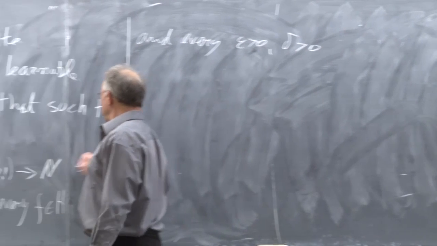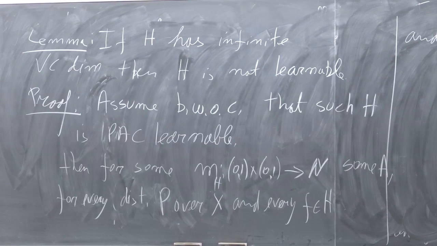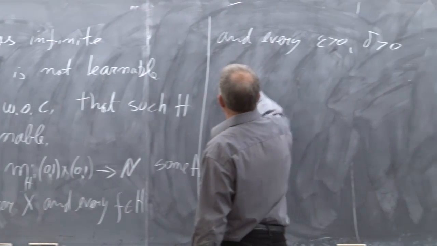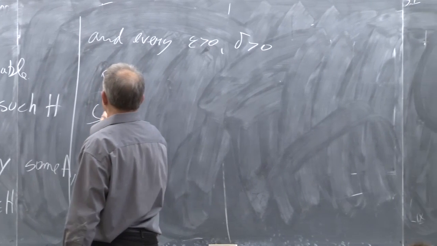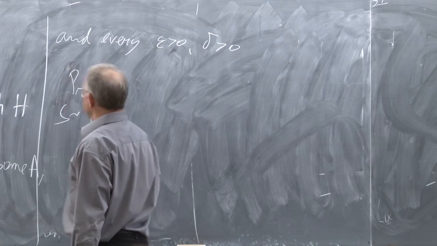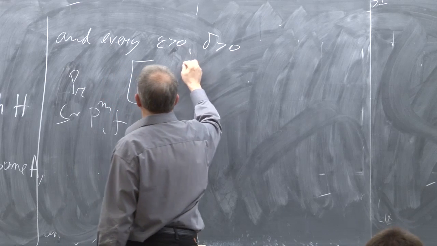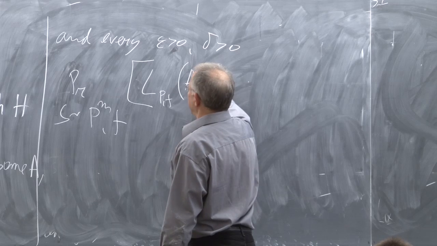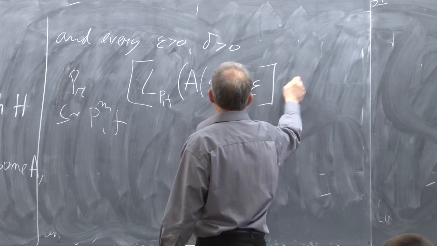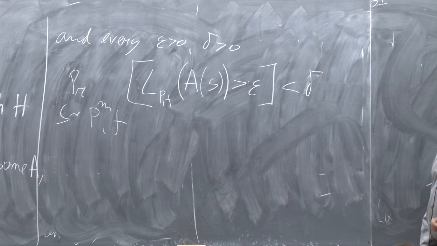Then for some h and some learner A, for every such, the probability over samples drawn according to P to the m and labeled by f, that the loss of whatever A outputs when it sees S is greater than epsilon, is less than delta.